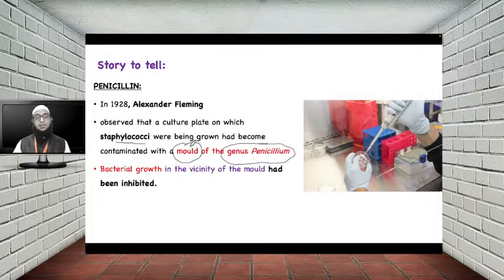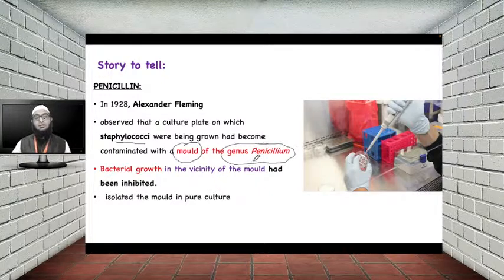This clearly indicates that the genus Penicillium mold may be producing a certain substance that has an antibacterial effect. Due to the substance produced by the mold, that is penicillin, the growth of the bacteria is inhibited. So he isolated the mold in pure culture.